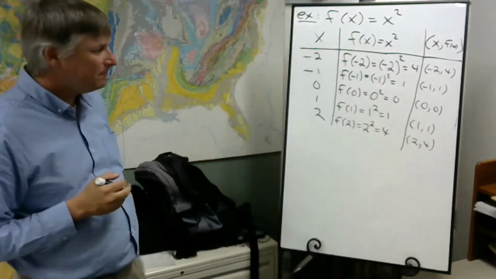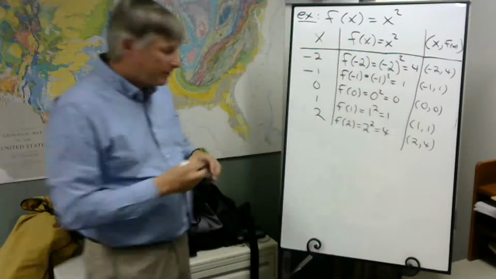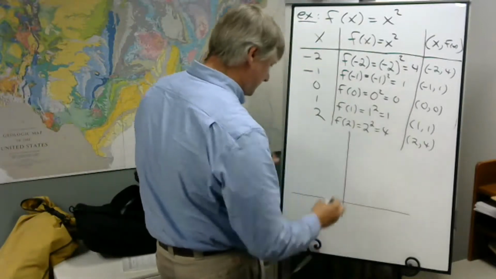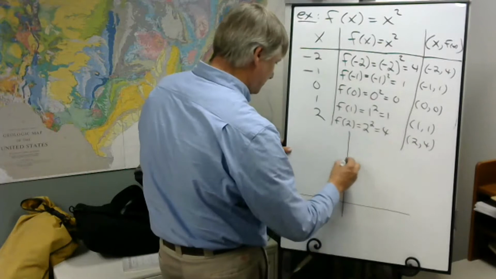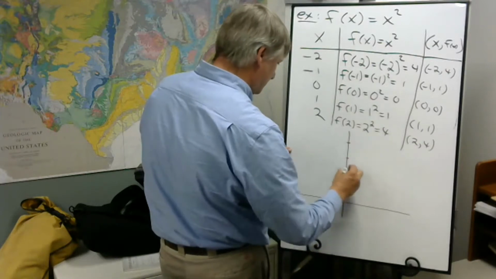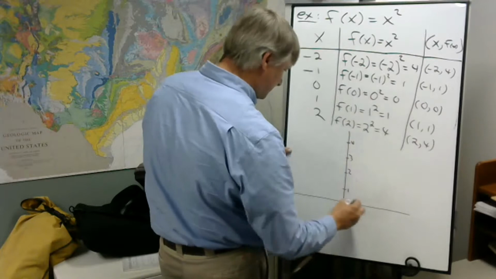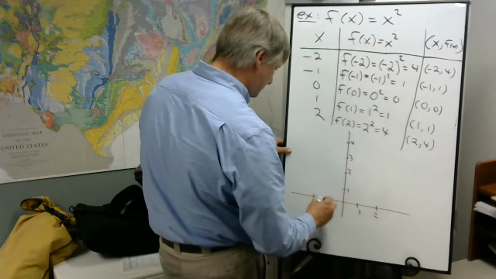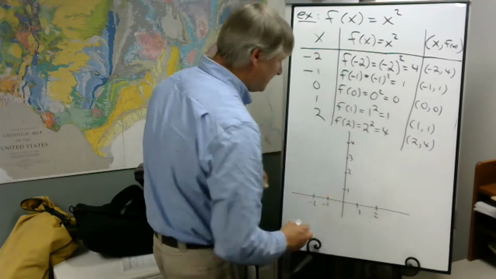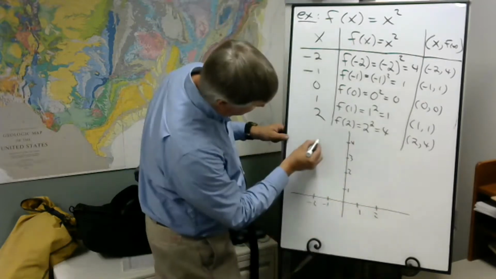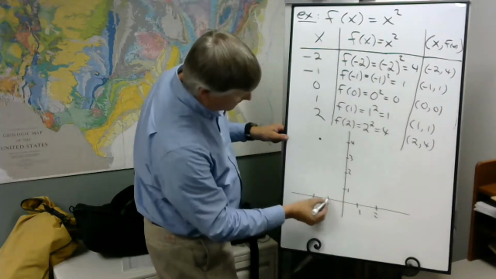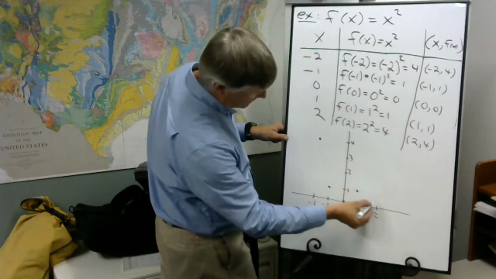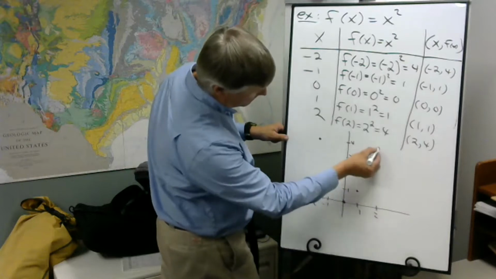So finally we graph these. So -2 and 4, -1 and 1, 0 and 0, 1 and 1, 2 and 4.